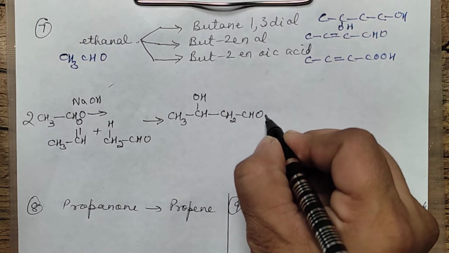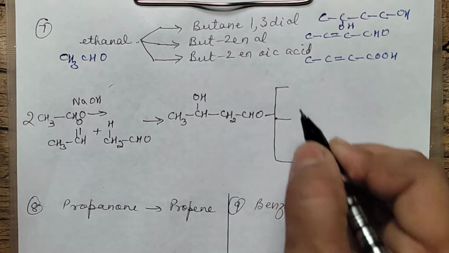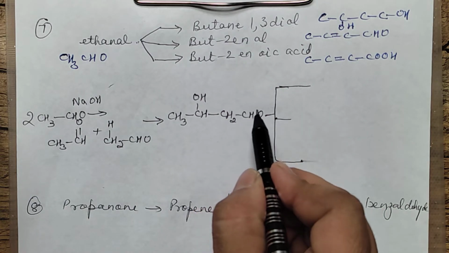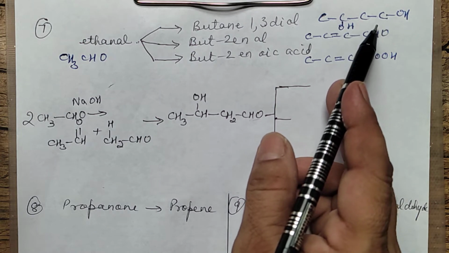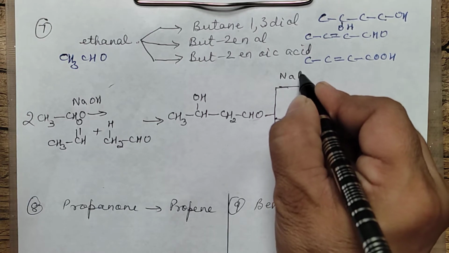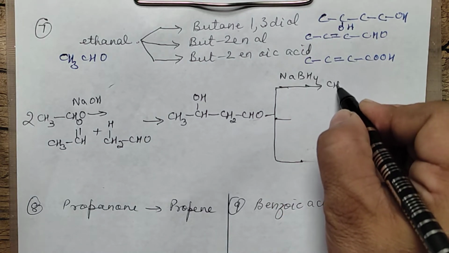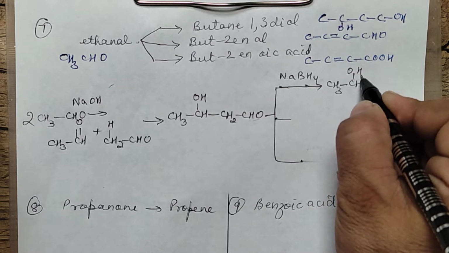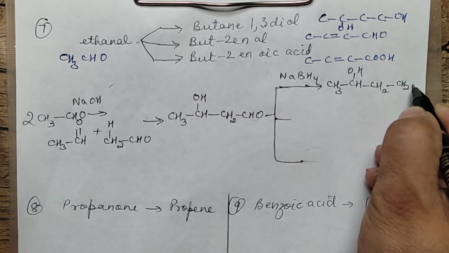From here, 3 steps, 3 different methods we have to follow. If I want to prepare the first one, instead of this CHO, I need alcohol, right? That means I will have to reduce it. So what I can do is, I can use NaBH4, LiAlH4, carry out its reduction. So I will get CH3, CH, this is OH as such, this is CH2, and you will get here CH2OH.